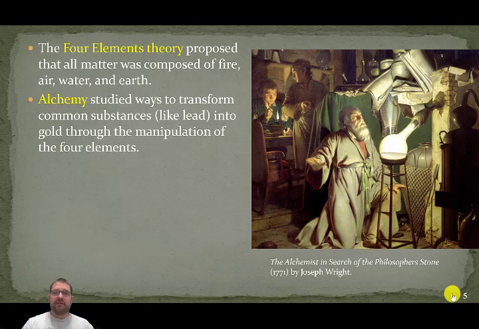So either by heating them or by exposing them to air or water or mixing them with earth materials, you could change lead into gold. Or vice versa. If you had gold, you could switch it back to lead.